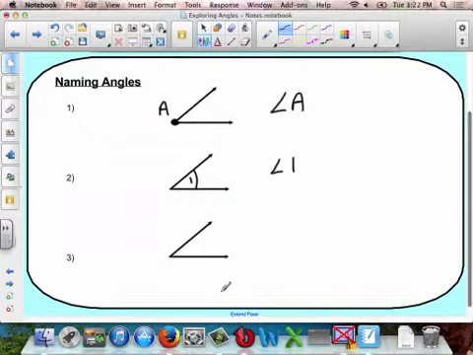But the preferred method to naming an angle and labeling an angle is using a 3-point system. What's important about that is the vertex is always going to be in the middle of that system.